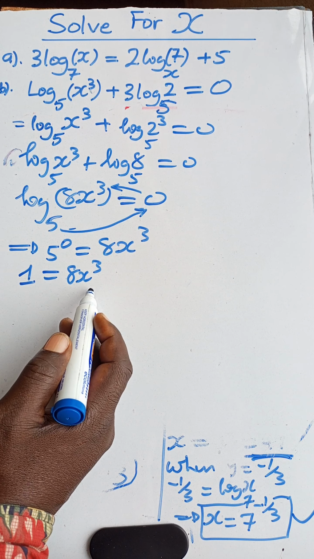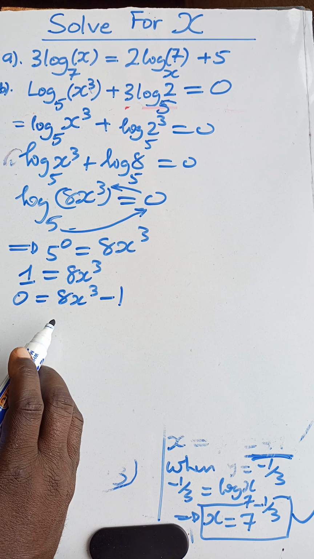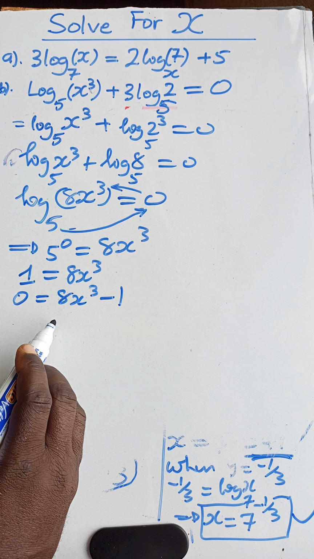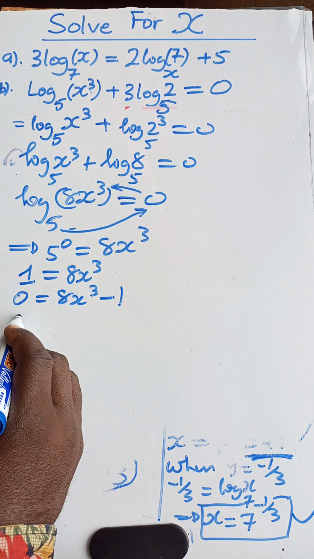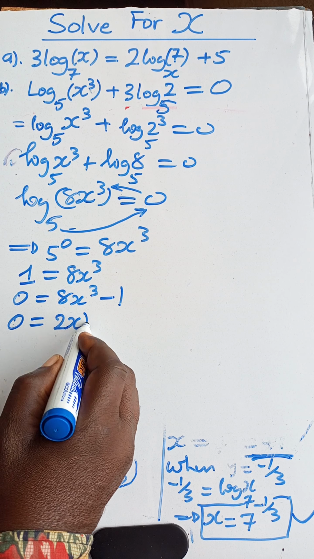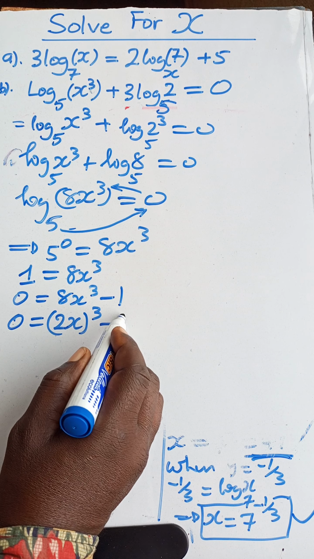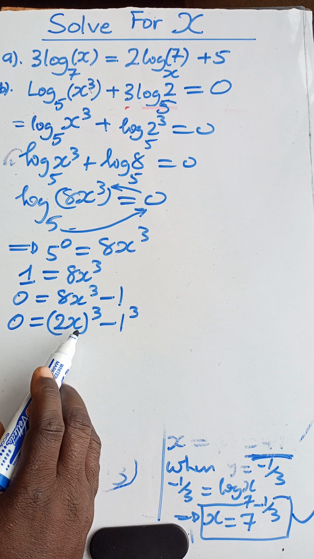This is positive 1. When it comes this way, it becomes minus 1. Now, look at it carefully. We'll see that 0 is equal to, this can be written as 2x, all of that cubed, minus 1 cubed. So at the end of the day, we see a difference of cubes coming up here.